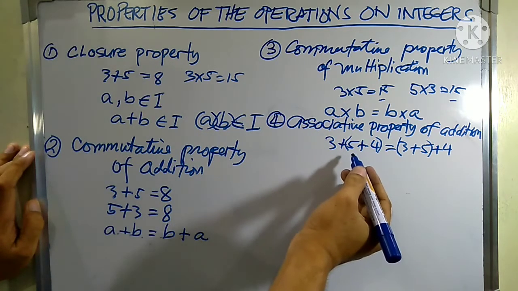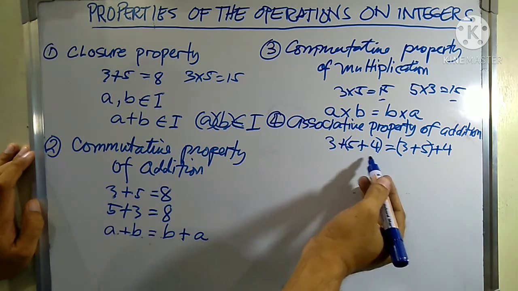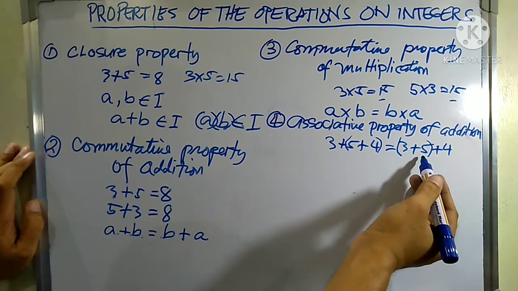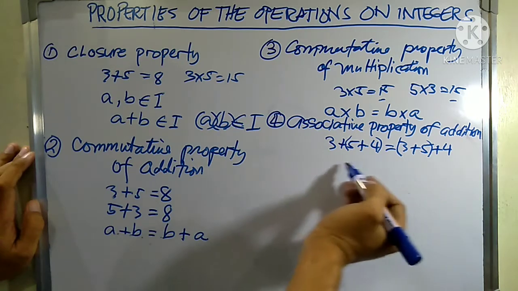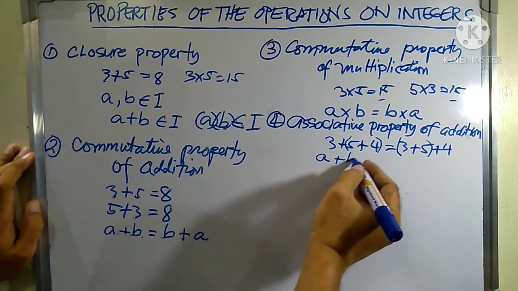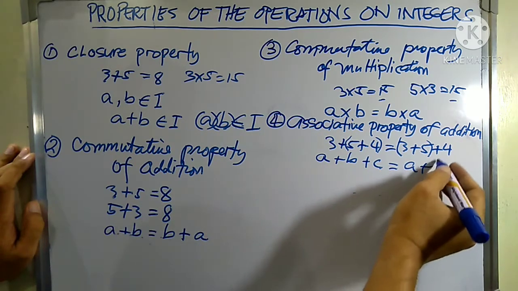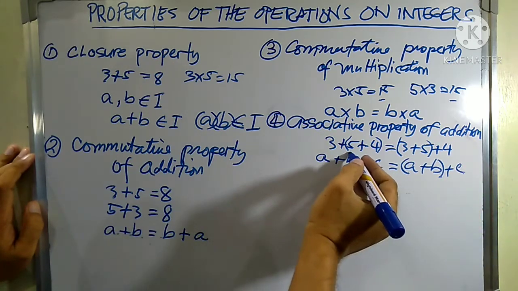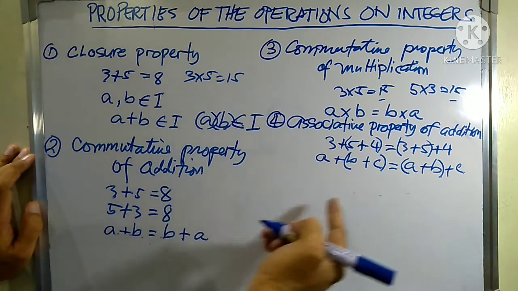We have to solve first what is inside the parentheses. 5 plus 4 is 9, plus 3, that is 12. 3 plus 5 is 8, plus 4, that is 12. So by this example, we can conclude that (a plus b) plus c is a plus (b plus c). Associate a and b, or associate b and c. The result here is still the same.